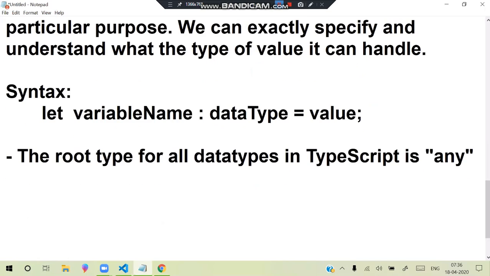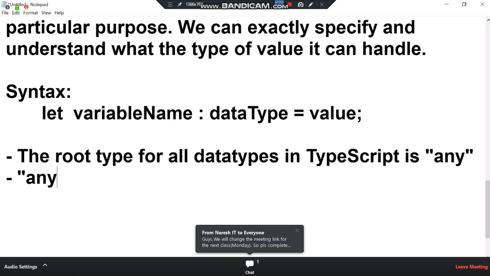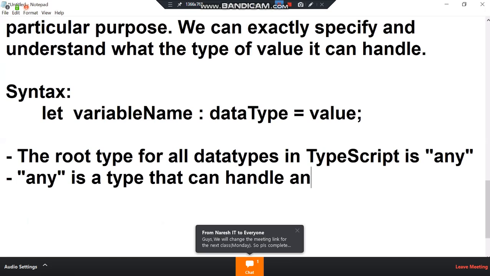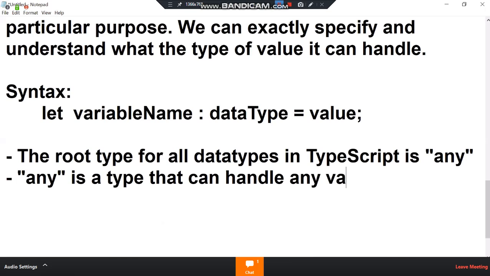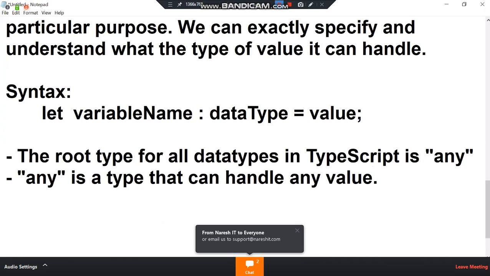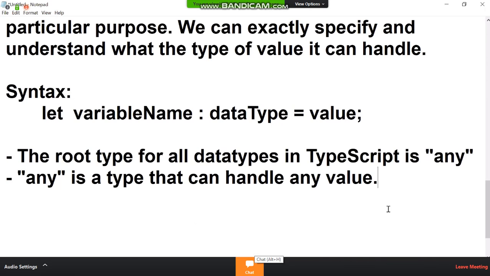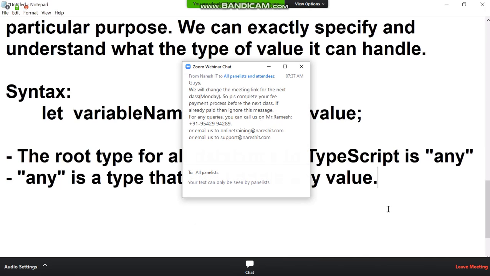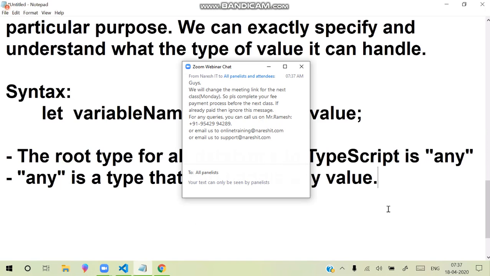That means any is a type that can handle any value. Any is the root type for all the data types. The root type for all data types is any, and any can handle any type of value.